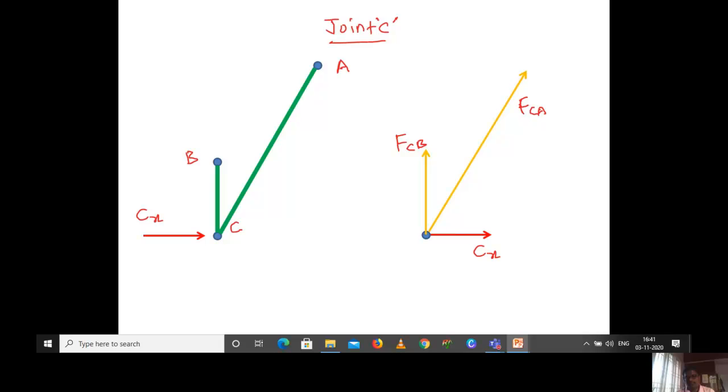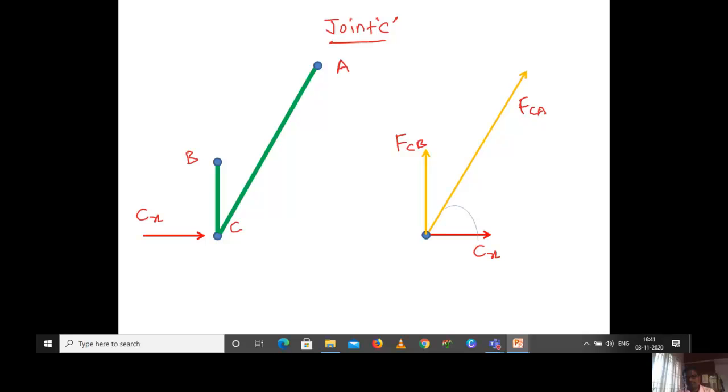We are assuming these. Cx we already got, 60 kilonewton positive, so our assumption is correct. We are assuming a force acting from C to B, FCB, and from C to A, FCA.